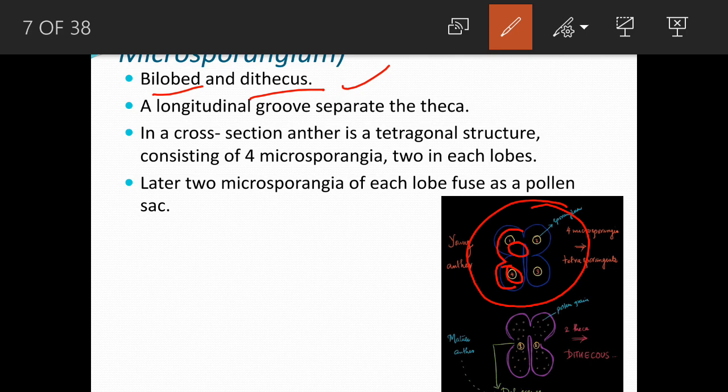In cross section, anther is a tetragonal structure consisting of four microsporangia, two in each lobe. Later, the two microsporangia of each lobe fuse together to form the pollen sac.